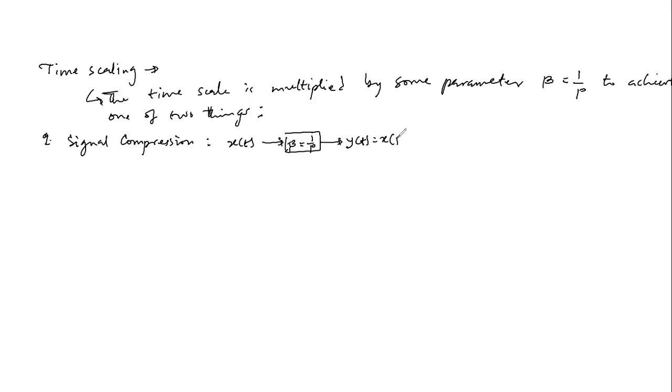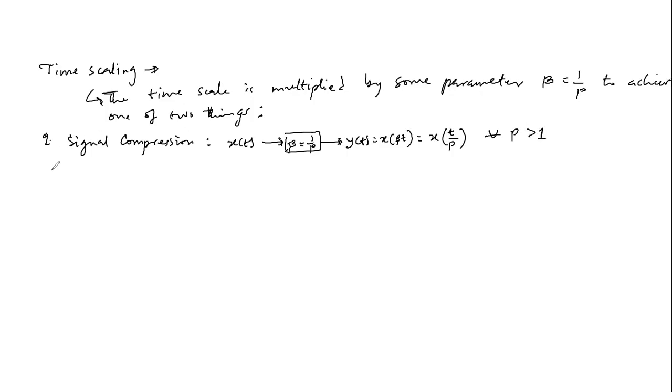So that will be x of t over p, for beta being the same as 1 over p. And in this case, for all values of p greater than 1.